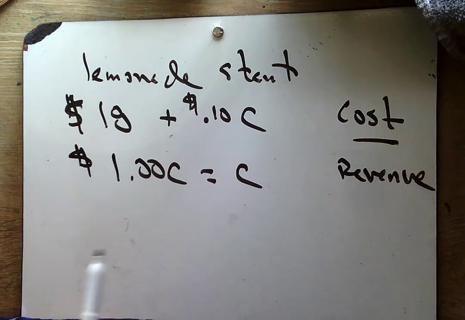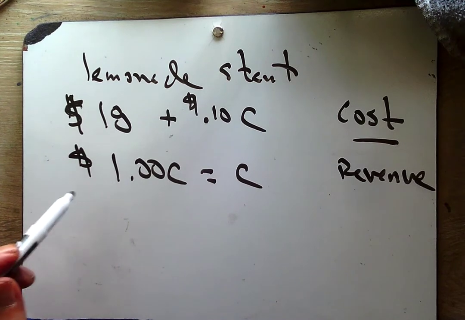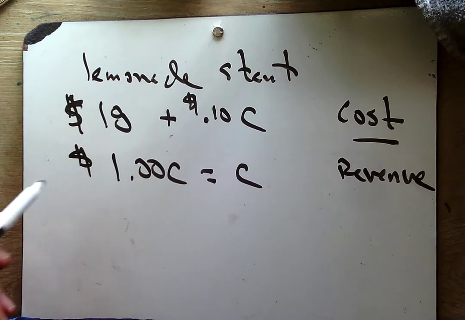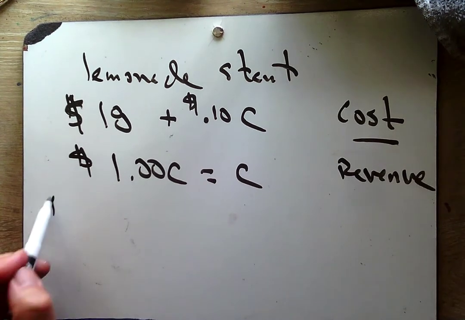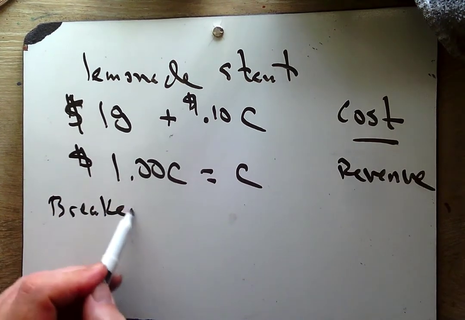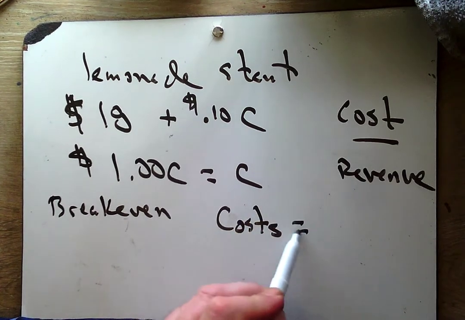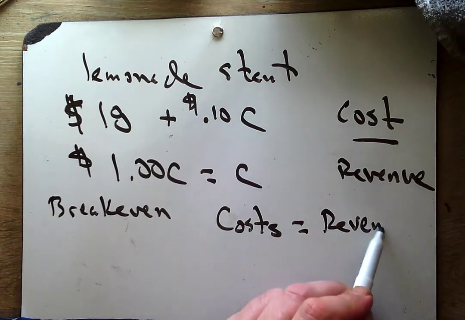Now, the first thing I want to know is, how many cups of lemonade do you have to sell before you break even? Break even means that your costs equal your revenue.